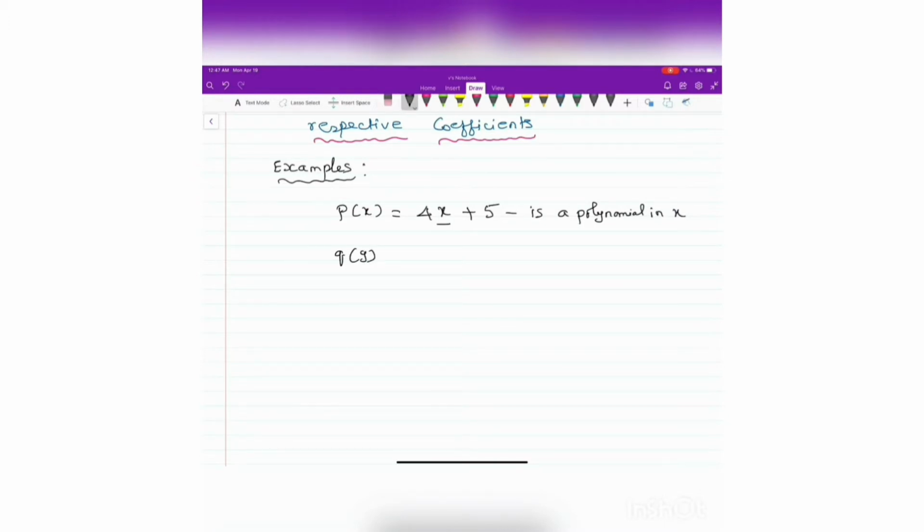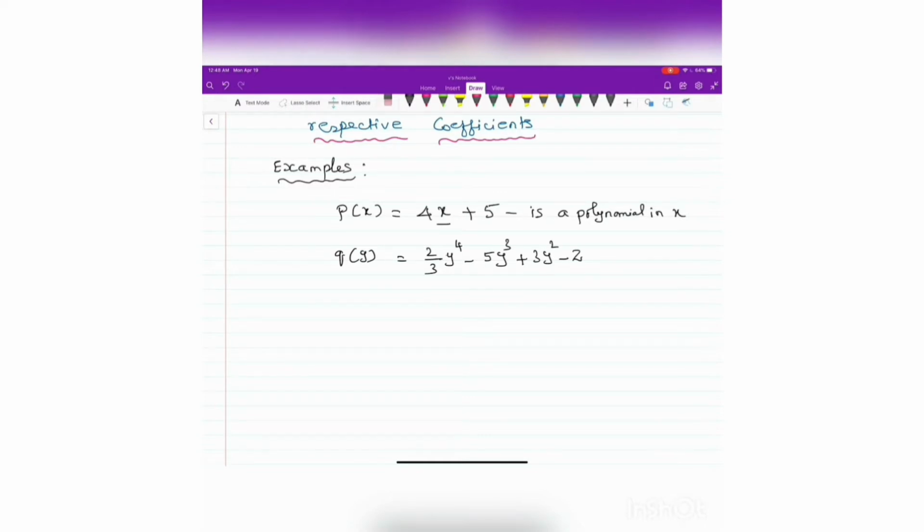Okay, now you consider this. Q of y is equal to 2 by 3 y power 4 minus 5y cube plus 3y square minus 2. Again, it is a polynomial because if you see the power of y, you are having 4, 3, 2.